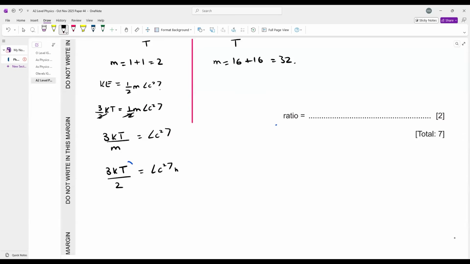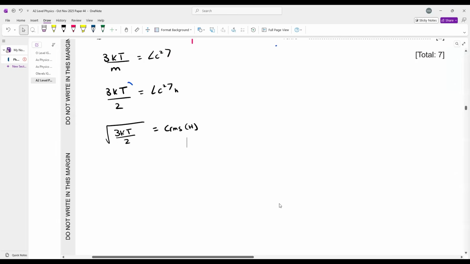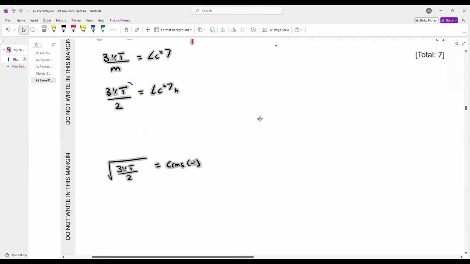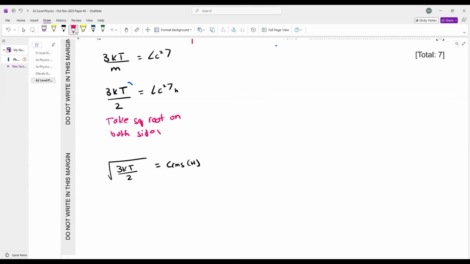I have placed a small h here. Take square roots on both sides. Square root of 3kT divided by 2 is equal to CRMS of hydrogen. Why did you take the under root? Because always remember that square root of c square is equal to CRMS. Let me write it here as well: take square root on both sides, and write here: c square under root is equal to CRMS.